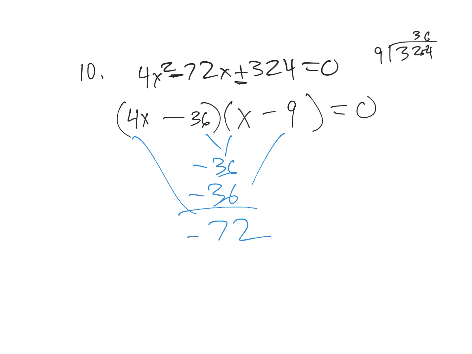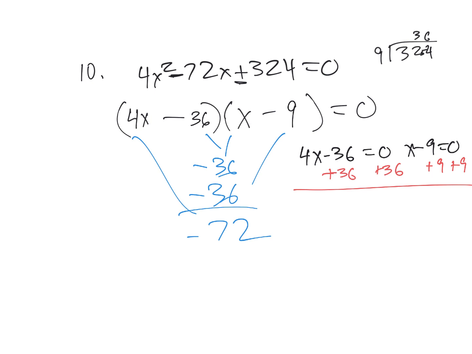That's what we need. All right, so now we solve it. 4x minus 36 equals 0, and x minus 9 equals 0. All right, so add 36, add 9. 4x equals 36, x equals 9, divide off the 4, x equals 9, and that's it, 9 and 9.